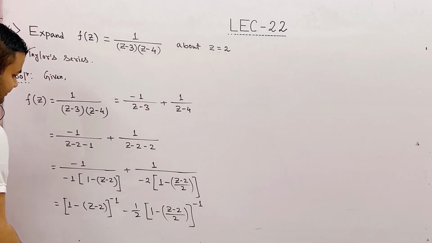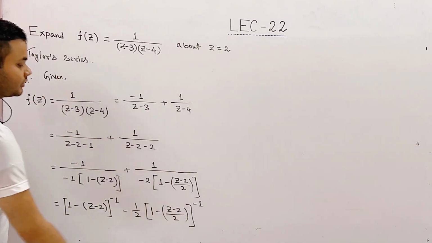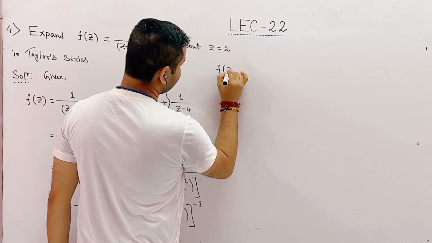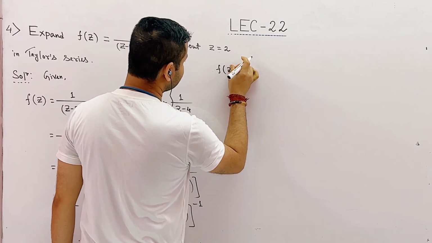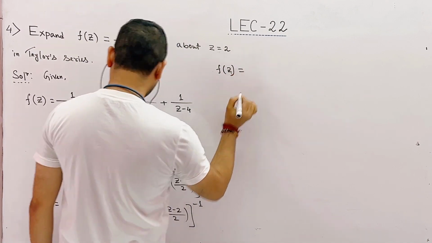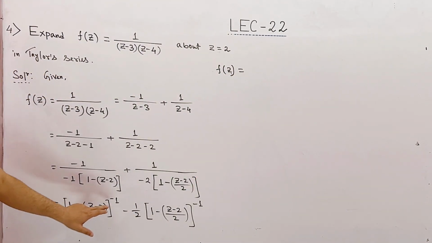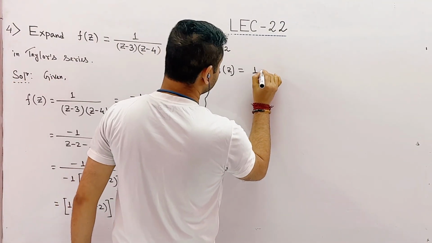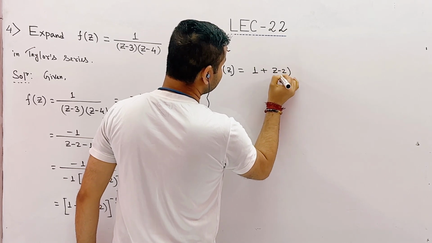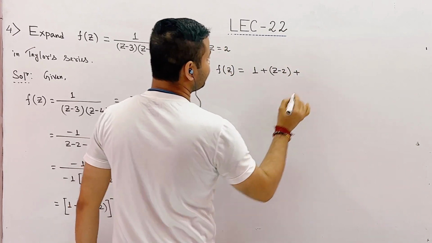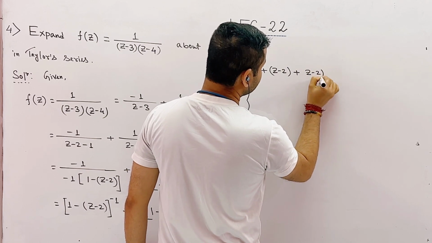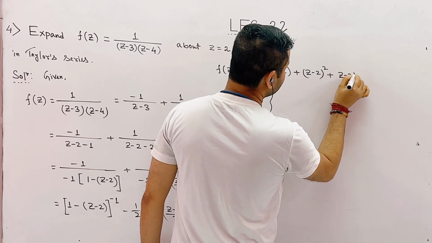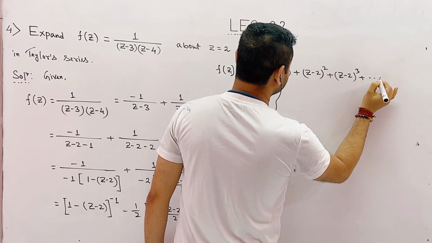Now, let me expand this term and this term with the help of the binomial theorem. So, finally, we will get f of z is equal to, using (1 minus x) whole to the power minus 1, 1 plus (z minus 2) plus (z minus 2) whole square plus (z minus 2) whole cube plus dot dot dot.